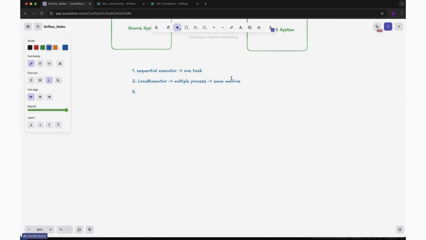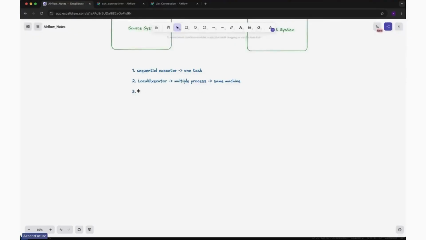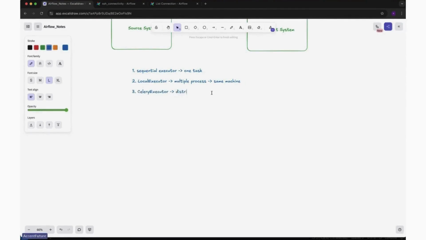But in real time, when we go distributed, the distribution mechanism will follow. As you see, we have the Celery Executor. The Celery Executor is actually going to distribute across multiple systems, multiple machines, for multiple complex workflows.